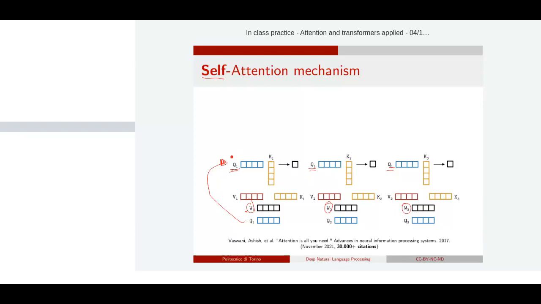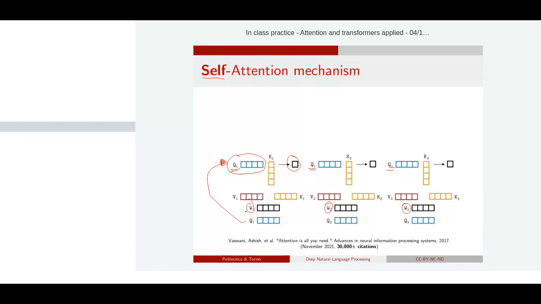So we have Q1 that is always the same. We are computing the attention between W1 and itself, so we compute the dot product between Q1 and Key1. And we obtain a given number because it's a row by column multiplication, so we have only one number.